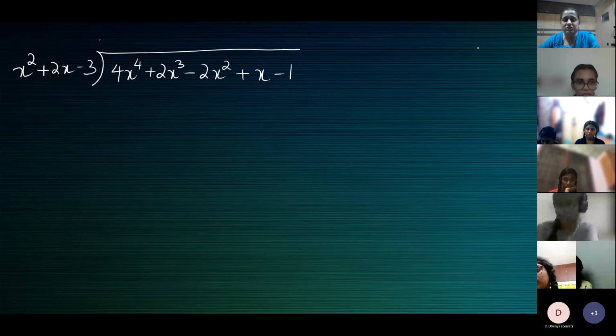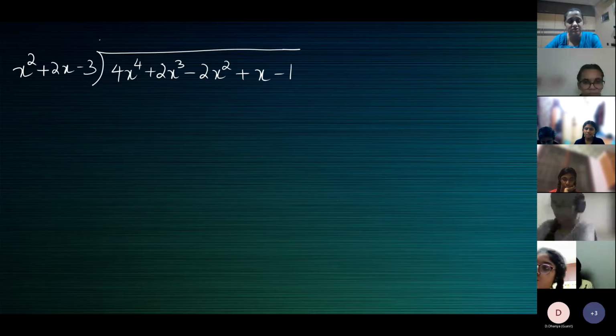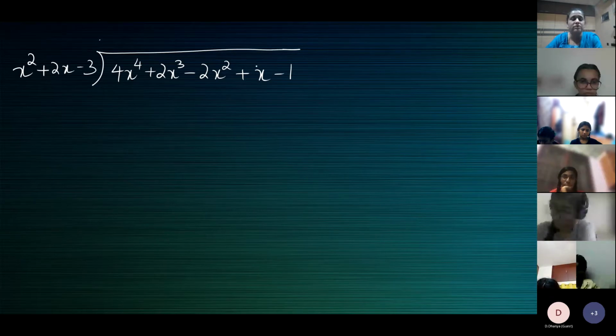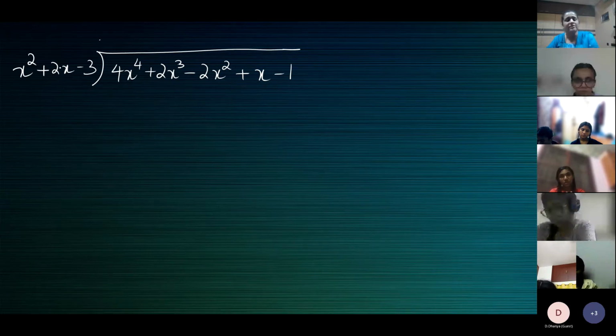Okay, so how do we initiate the division process? The first thing is we need to arrange the terms in the descending order of the powers: power 4, power 3, power 2, power 1, and then the constant. That's very important. We need to do this in both the dividend and the divisor.